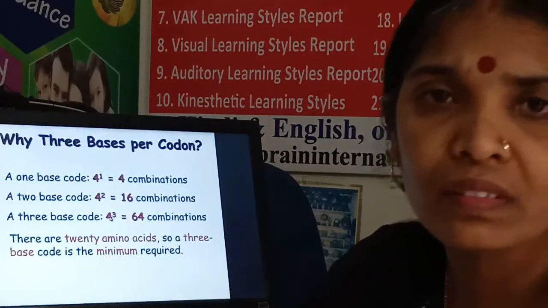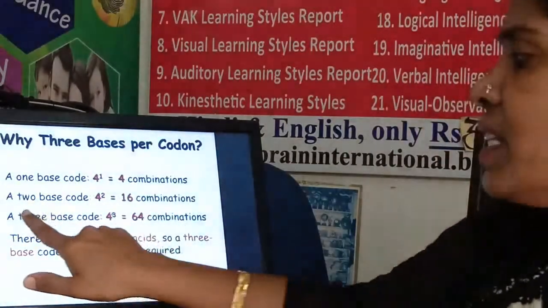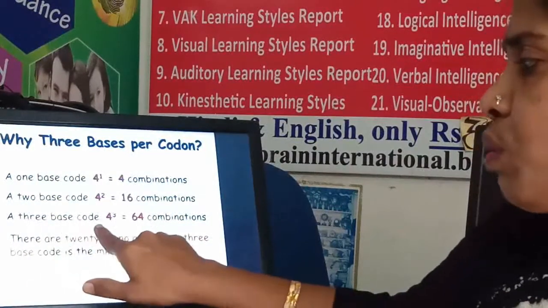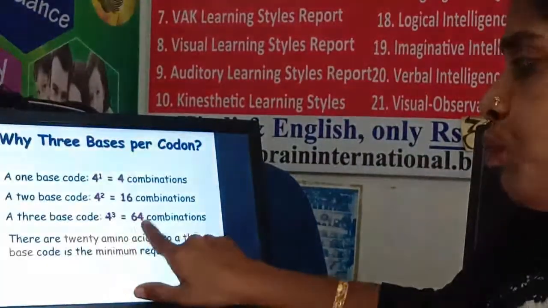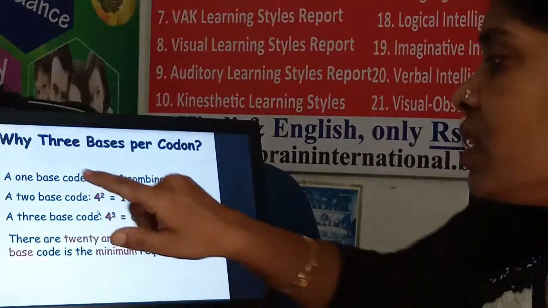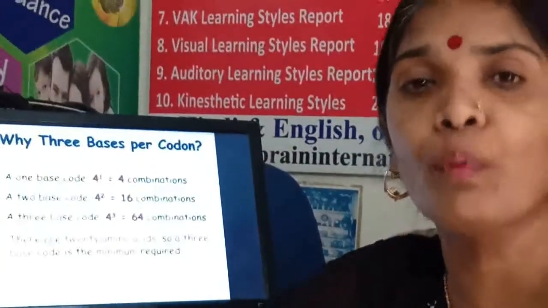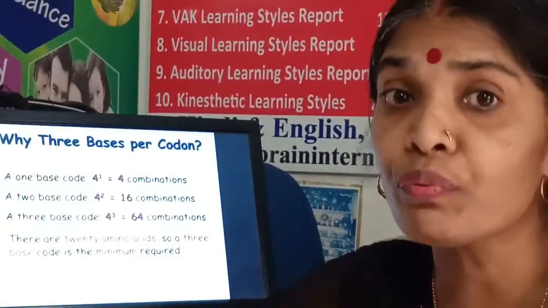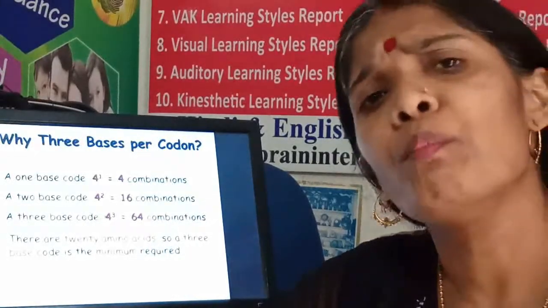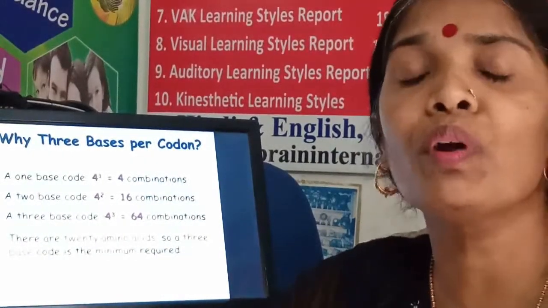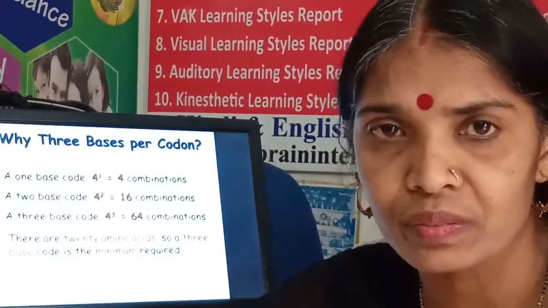No, it's not sufficient. So he decided on a 3 base code, that is 4 into 4 into 4, so in total we get 64 types of combinations. These 64 combinations are more than enough to code only 20 types of amino acids.